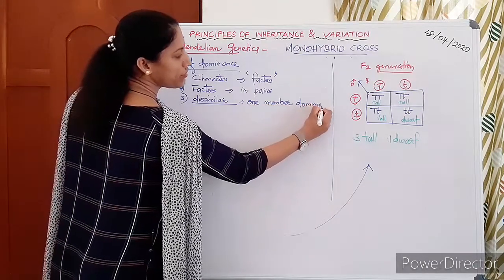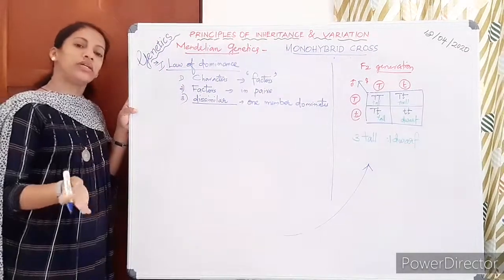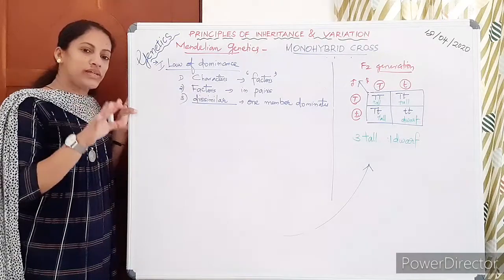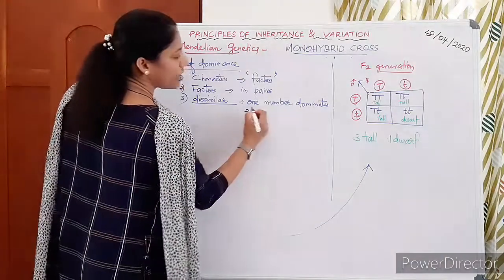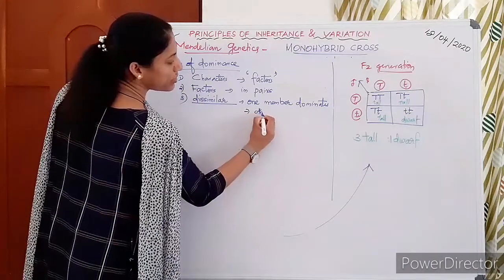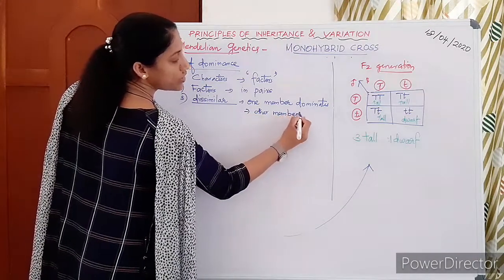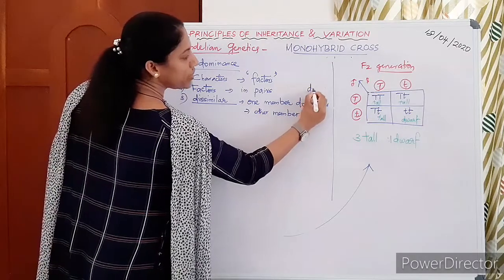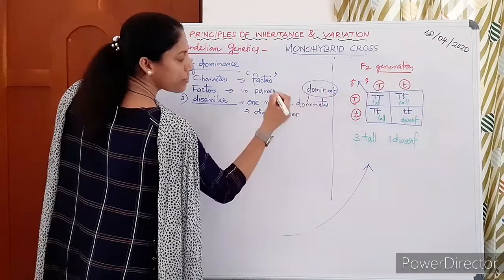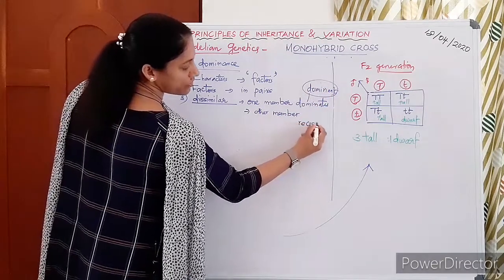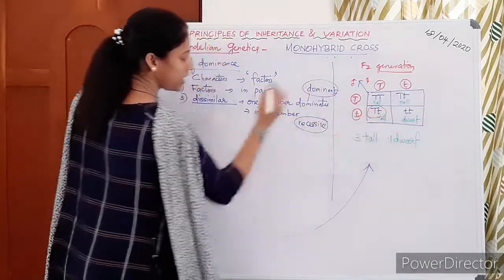Only that one is expressed, and the other one is suppressed. The member which dominates is called dominant, whereas the member which is suppressed is called recessive. We will discuss it with the same example.